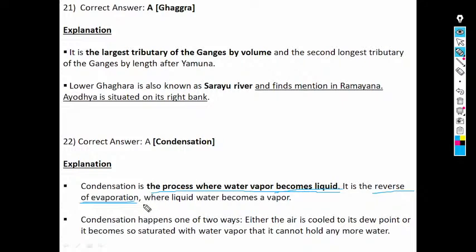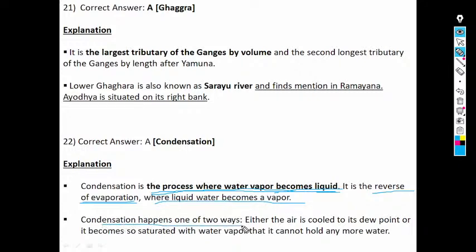Evaporation is where liquid becomes vapor, like steam or gases, and condensation is the reverse of it.